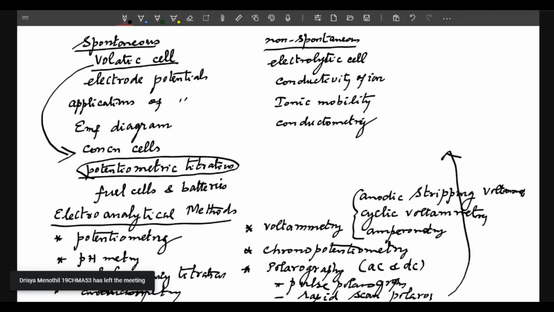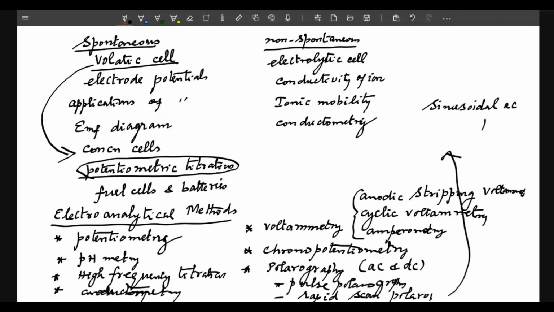And next is sinusoidal AC polarography. Sinusoidal curve you studied. Then last, stripping analysis.